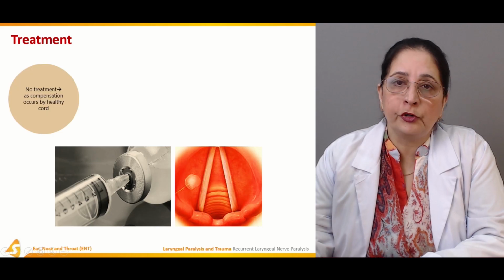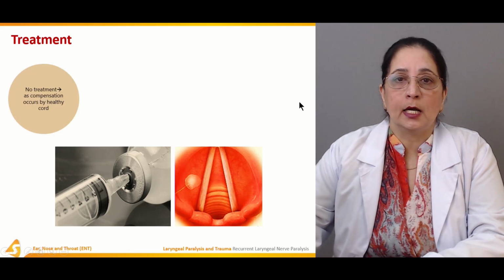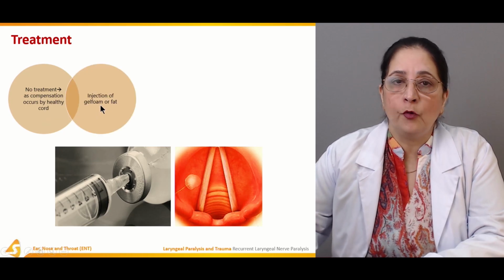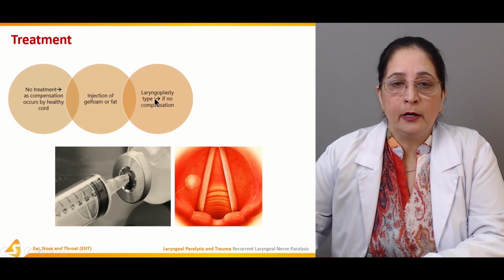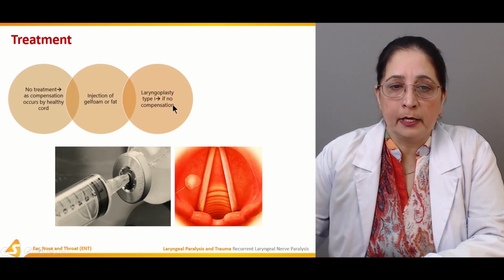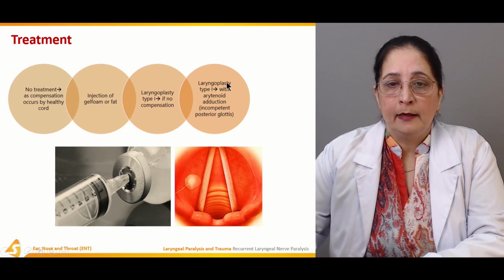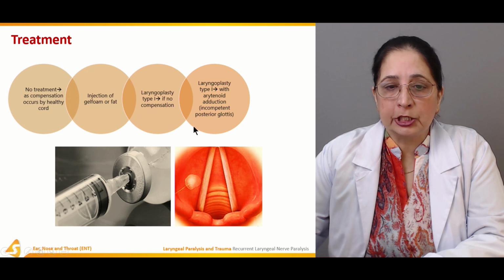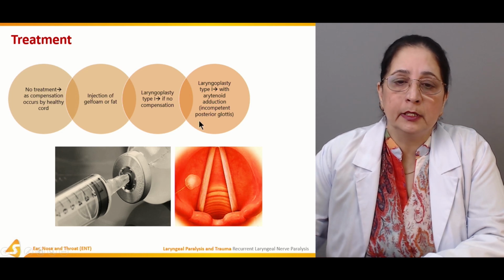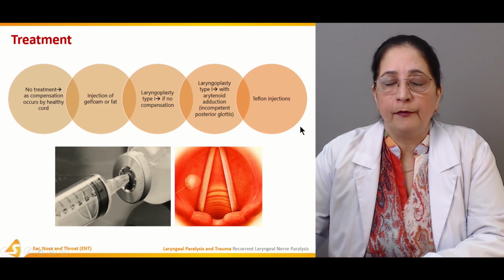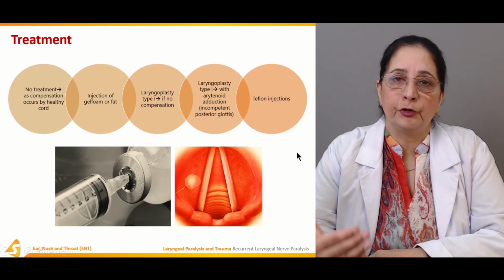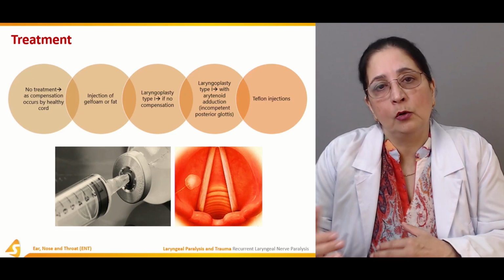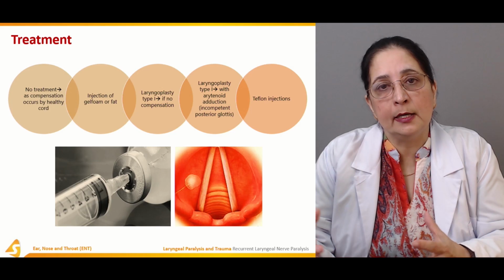Treatment is no treatment as compensation occurs by the healthy cord; otherwise, injection of gel foam or fat, laryngoplasty type 1 if no compensation, laryngoplasty type 1 with arytenoid adduction for incompetent posterior glottis, and Teflon injection. So these are some treatment options. If there is compensation by the healthy cord, no treatment is required.